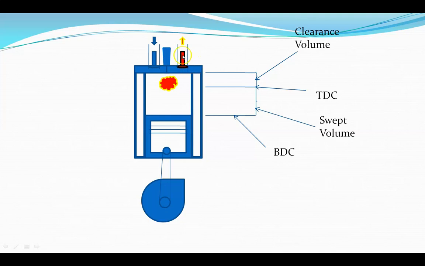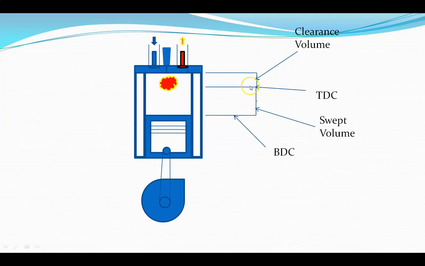This is the exhaust valve, and this is the inlet valve. This is the position for the spark plug for a petrol engine, and also the position for the injector for a diesel engine.